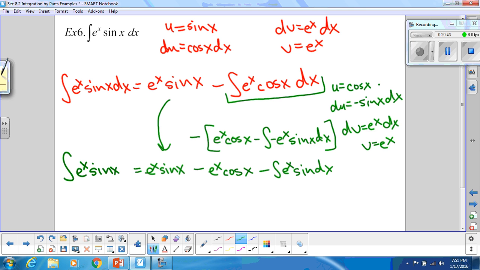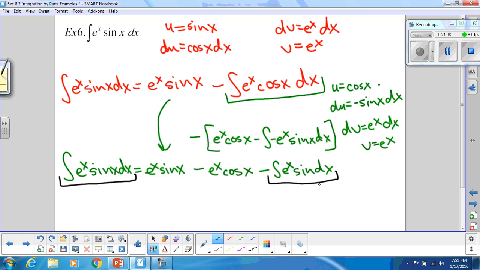And so I want to remind you that our whole goal of this is to try to find what the integral of e to the x sine x is. Well, now I've come full circle and I have to redo this again. So this is why tabular method is not really effective, because my table would be infinitely long because my du's never go to 0. Okay, so I'm going to use a different way, and this is kind of cool.